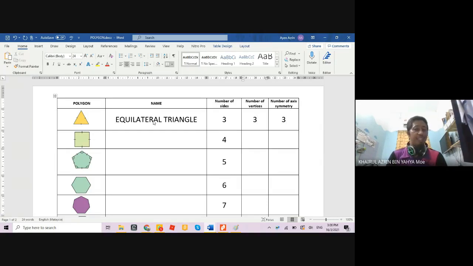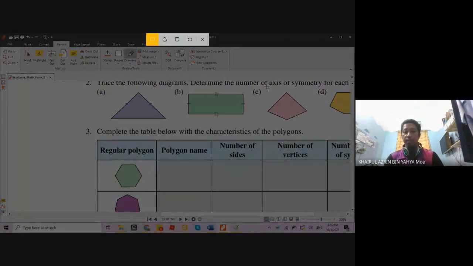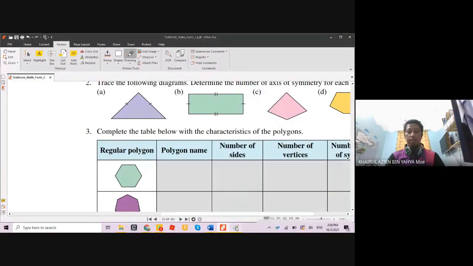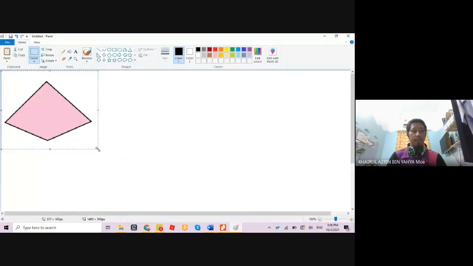But actually, what is a vertex? Maybe I show you. Let me copy this image first, and I put in pen. Better. Let me make it bigger.